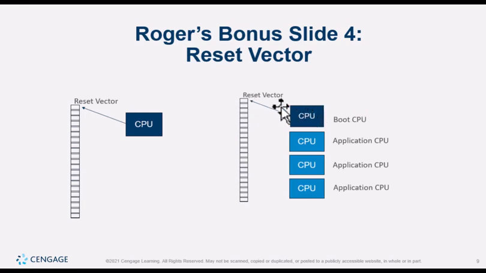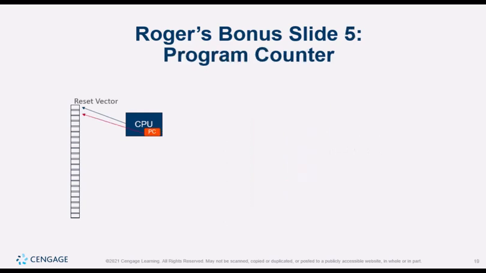So one CPU would be dedicated as the boot CPU, and the rest would be application CPUs that can run the applications. Now here is what we call the program counter, and you can see again, if the reset vector is here, the program counter is pointing to the next space that should be run.